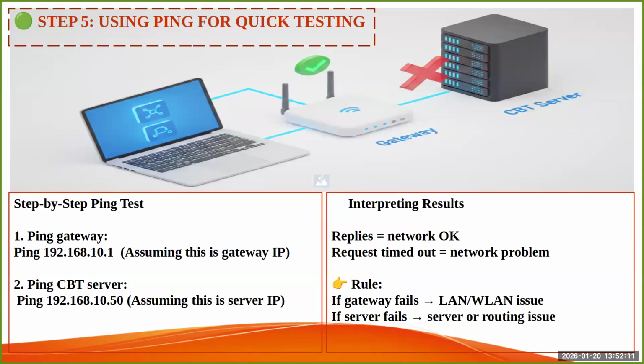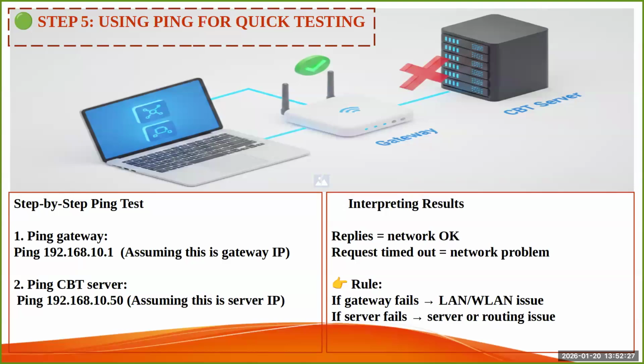If the gateway is available, then ping the server. If the server is not reachable, it means the server is off, or the network cable connecting the server to the router is removed. Go and check it.